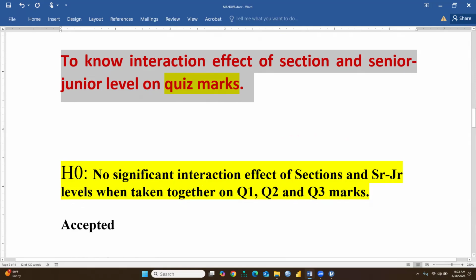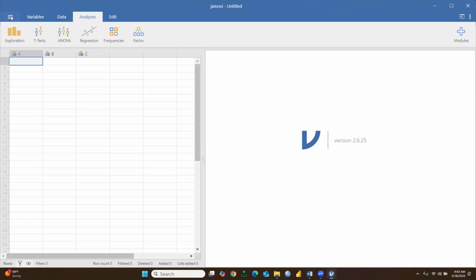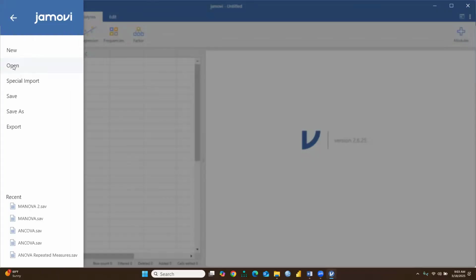Because in my case, only quiz 1 and quiz 2 marks are there, there is no quiz 3 marks, so we would remove Q3. The alternate hypothesis: yes, there is a significant interaction effect of sections and senior-junior levels taken together on quiz 1 and quiz 2 marks.